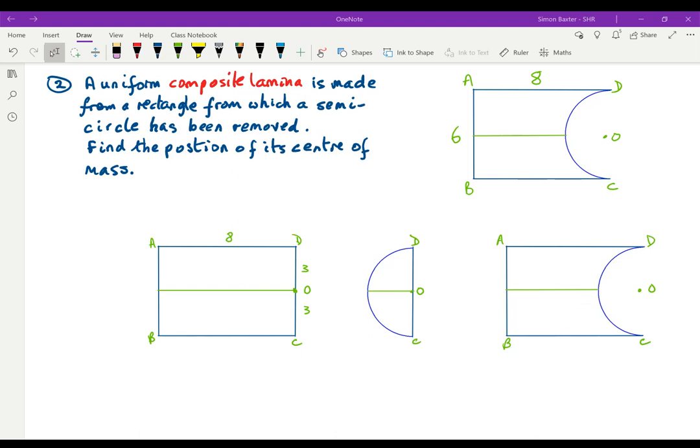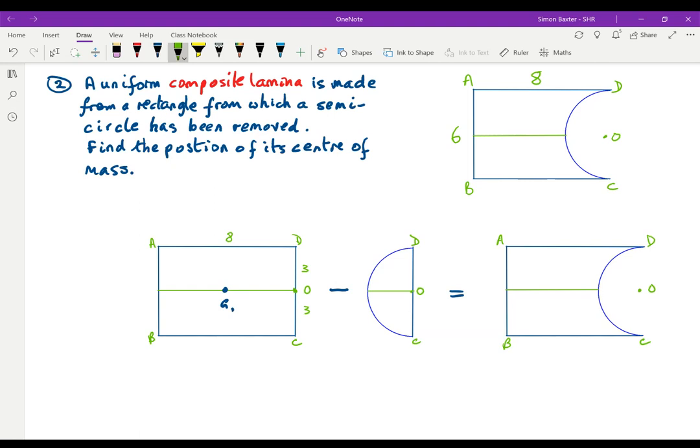So this would give us the rectangle, take away the semicircle, and we end up with the composite figure. In the same way as before, let's think of all the mass of the rectangle as concentrated at its center of mass, which I'll call G1.